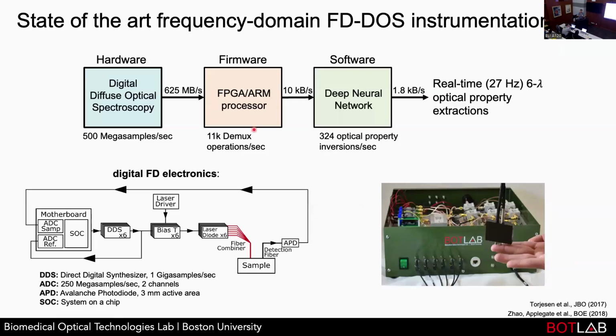It's just a more efficient algorithm that you can put into the FPGA. An FPGA, a field programmable gate array, is a piece of hardware that you can program that's very, very fast. And then we use a deep neural network inverse model so that we could calculate optical properties at about 27 hertz. And so as far as we know, this is as fast as anyone's been able to take these measurements.